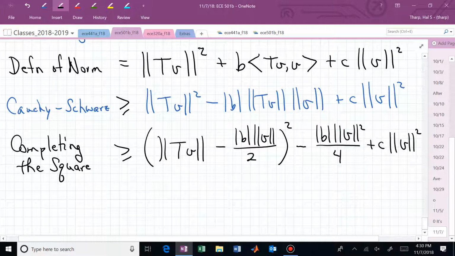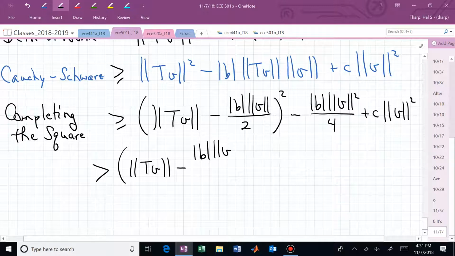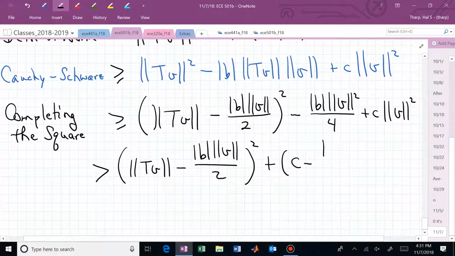Is that okay? And now I can combine those two terms on the right and say that that's going to be bigger than the norm of TV minus b v over 2 squared, plus the quantity c minus b squared over 4 times the norm of v squared.